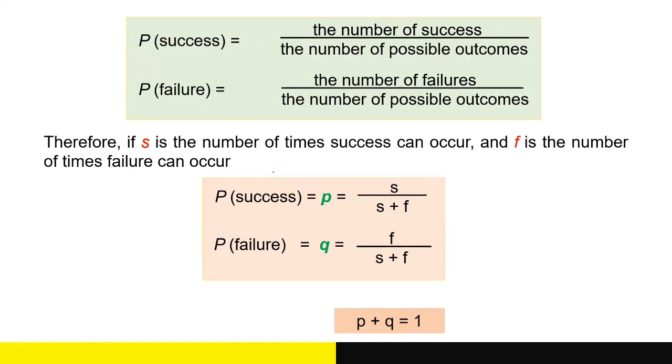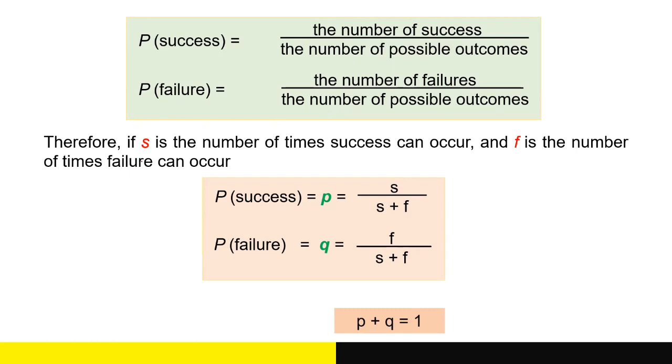The probability of success and failure can be determined as follows: the probability of success is equal to the number of successes divided by the number of possible outcomes, and the probability of failure is equal to the number of failures divided by the number of possible outcomes.